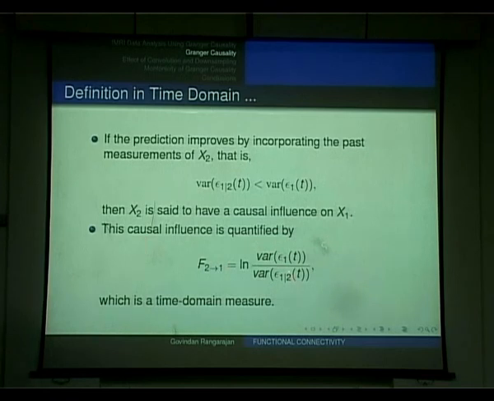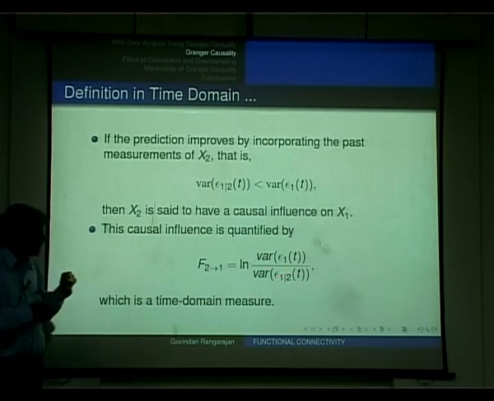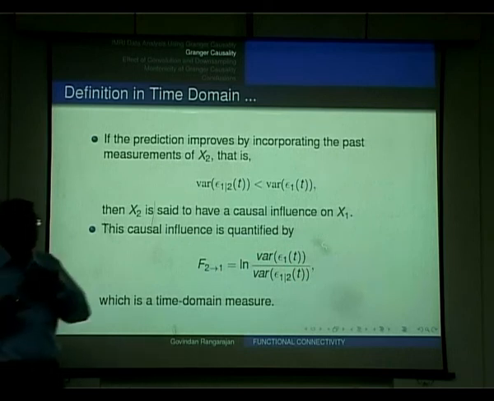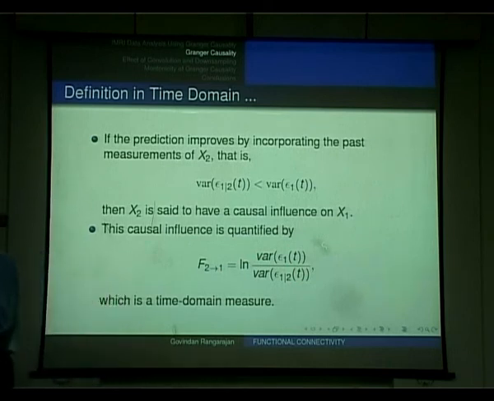If incorporating the past of x2 gives no improvement in the prediction, then the error in the denominator is the same as the error in the numerator, so the ratio becomes 1 and the logarithm is 0. So you have 0 causality from 2 to 1.